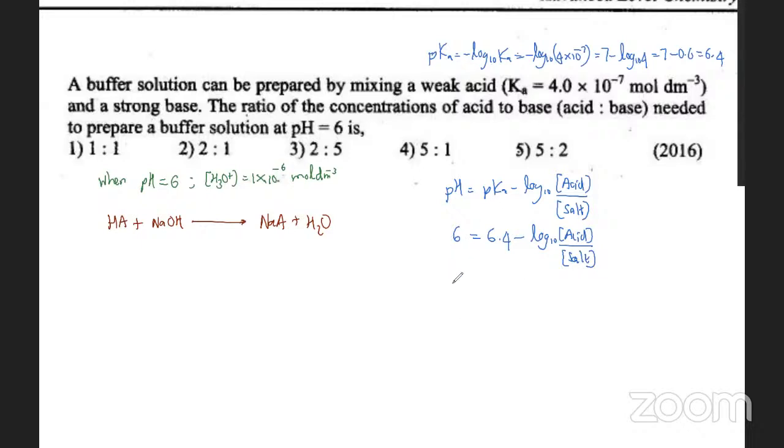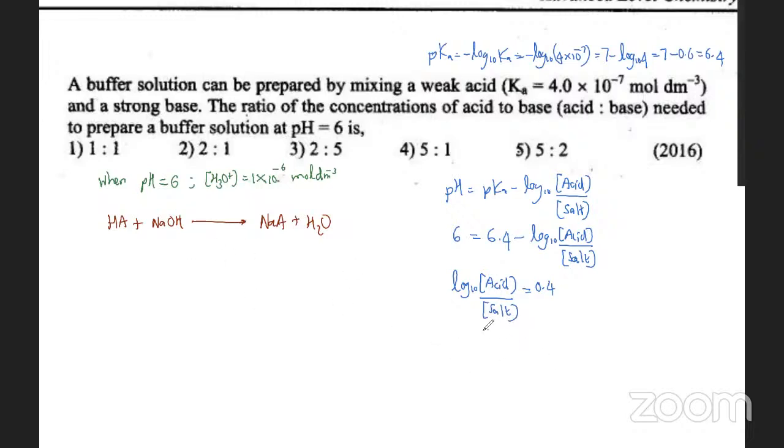If this comes to the other side, log 10 concentration of acid over concentration of salt is given by 0.4. This salt is this, and acid is the remaining acid after the reaction finishes.